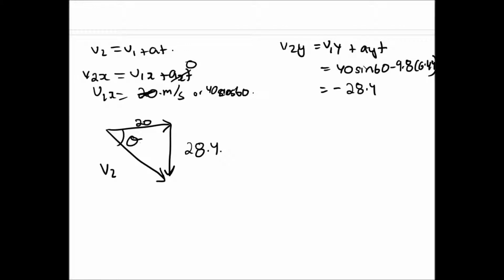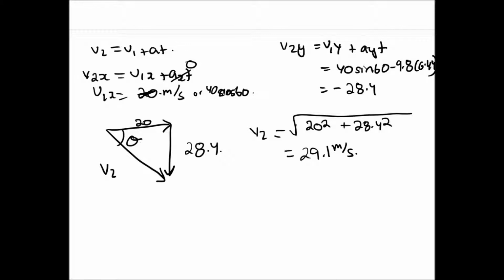We need to find theta too. So v2, my bad, is just v2x squared plus v2y squared. So 20 squared plus 28.4 squared. Hopefully you guys know about Pythagoras' theorem, and it's going to give us an answer of 29.1 meters per second. And then we need to find theta, which is going to be tan of opposite 28.4 over adjacent 20, and we get theta equals 54.9 degrees.